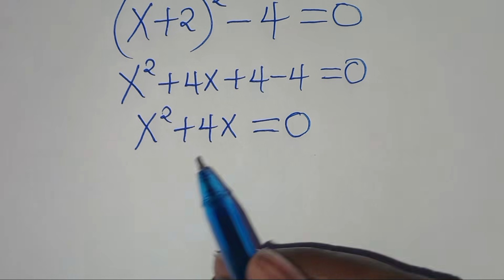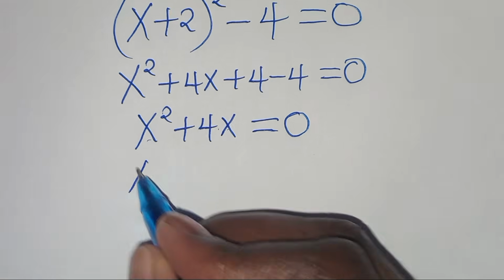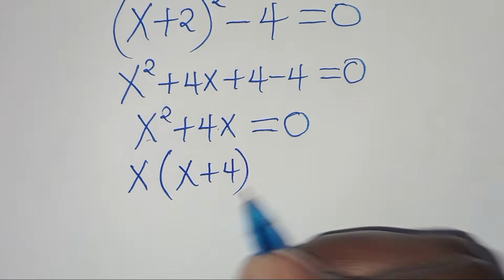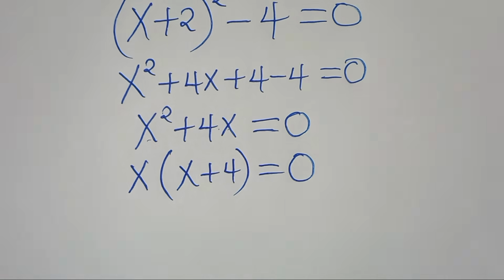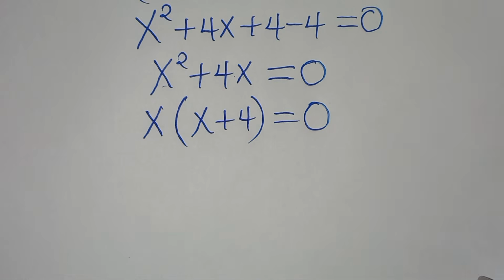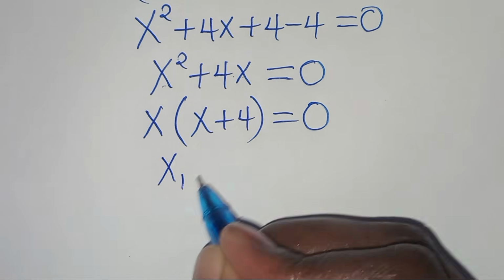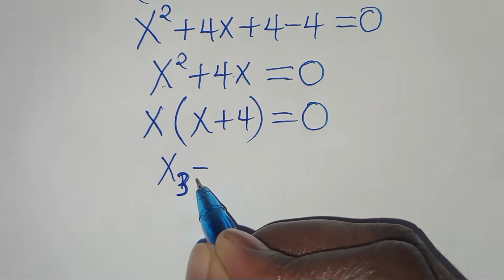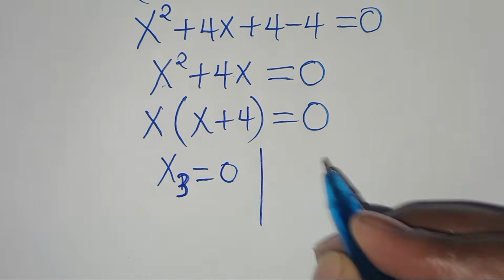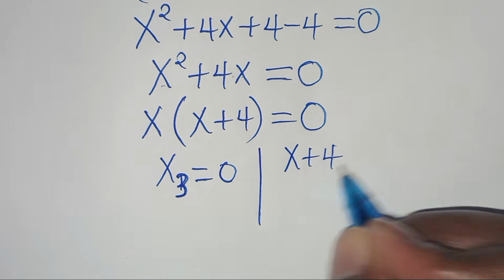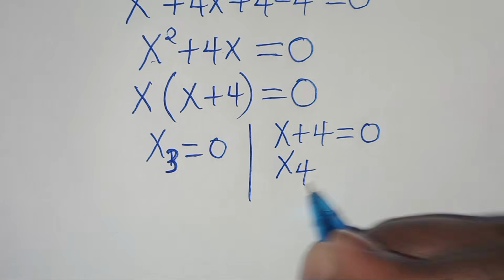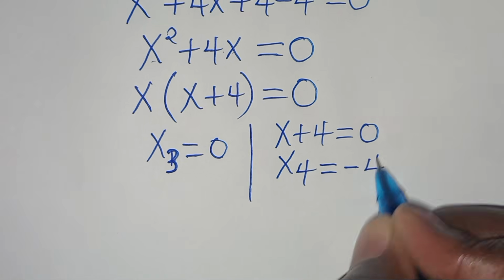Now, x is common here. We can factor out x, so this is x(x+4) equal to 0. Let's call this x3: x3 is equal to 0, and x + 4 is equal to 0, so this means that x4 is equal to minus 4.